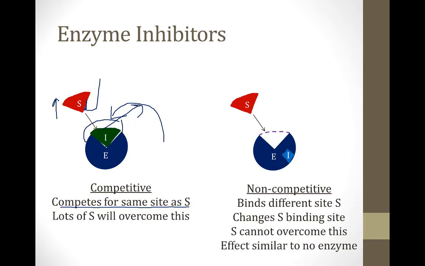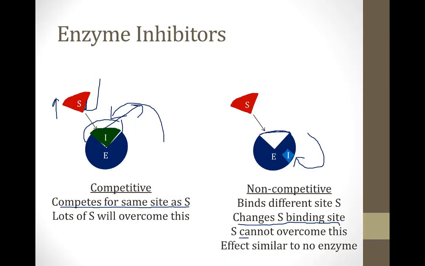A non-competitive inhibitor works differently. It binds to some different site on the enzyme away from where the substrate binds, and it changes the shape of the enzyme so that there's no ability for the substrate to bind anymore. In other words, it blocks off that binding site indirectly by binding to some other area. This means that the S binding site is different, and it doesn't have the right shape to fit S anymore.